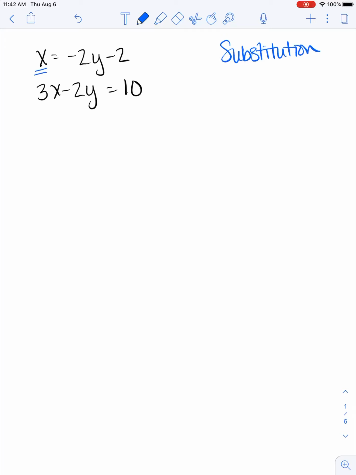Substitution is used when you have a variable, and it could be x or it could be y, that is already completely by itself. So we have x equals negative 2y minus 2. I know that x and negative 2y minus 2 are equal, which means in place of an x, I could put a negative 2y minus 2.